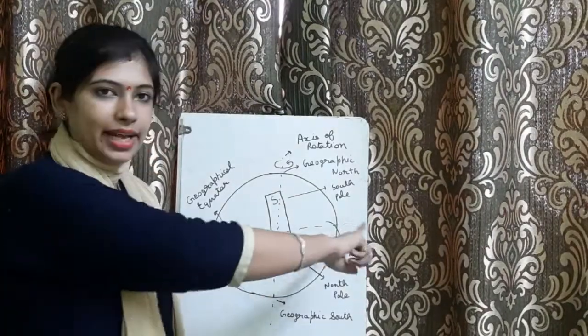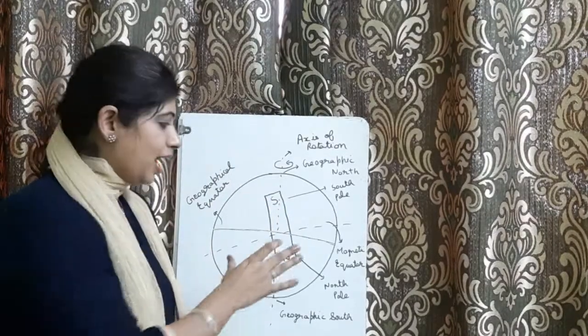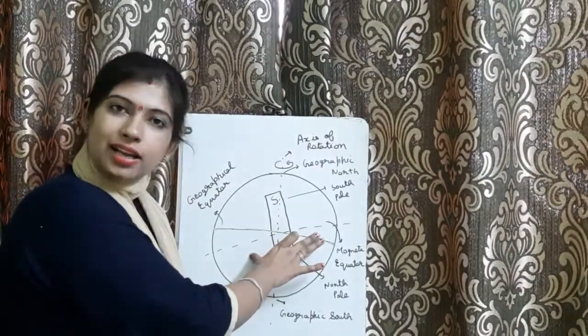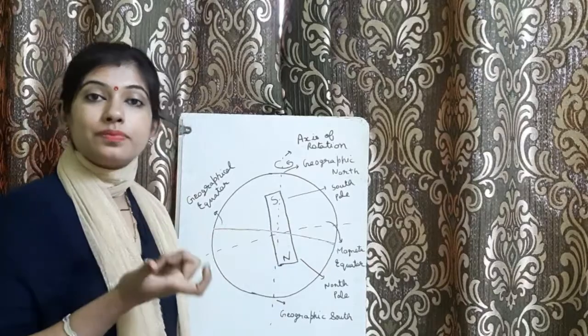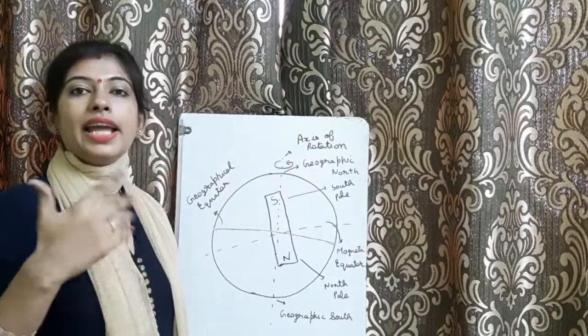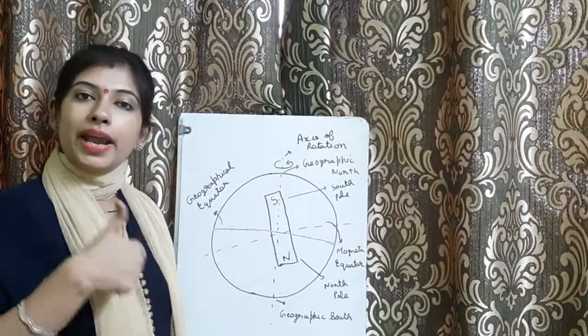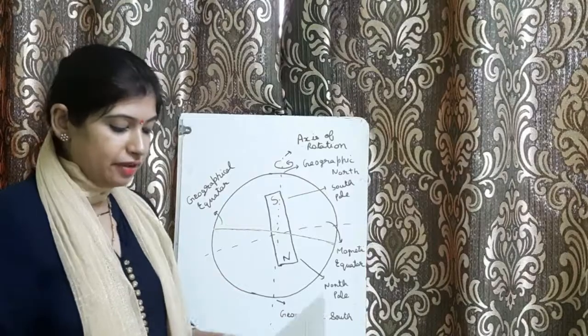This is the dotted line. Everywhere on the magnetic equator, the magnetic needle will be parallel to the Earth's surface, and at the poles the magnetic needle will be perpendicular to the Earth's surface.